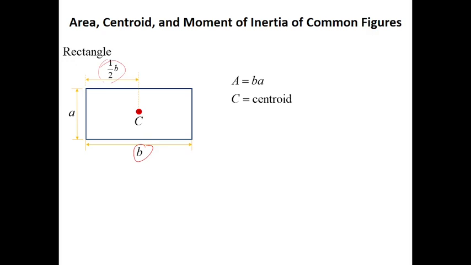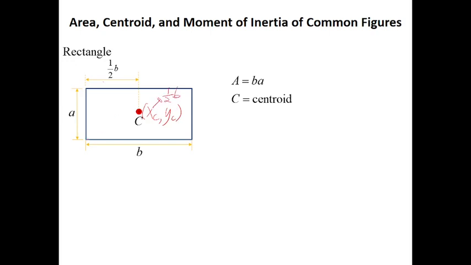So this is the centroid of the rectangle. So that's the x component of the centroid. It has also a y component. So we have the y coordinate. So we have the centroid xc, and this is now one half b.